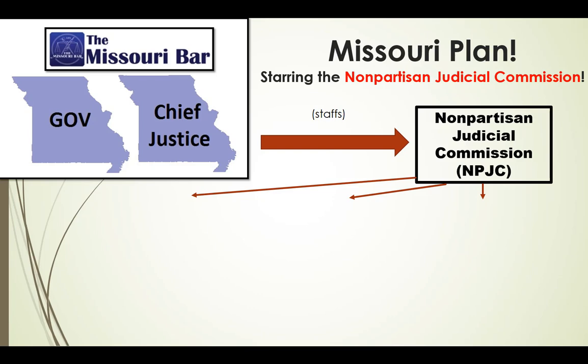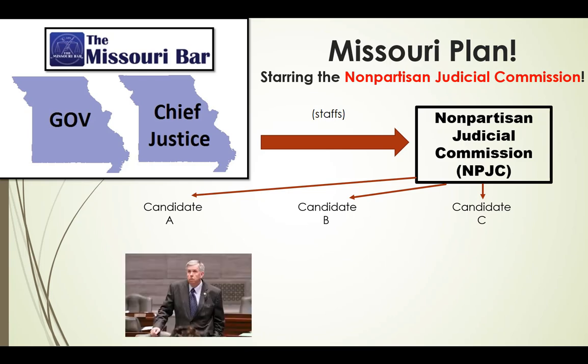Now, the NPJC is really fancy, but it really only has one job. Anytime there's a vacancy in the Missouri court system, some judge has retired or even died, it is up to the NPJC to select 3 candidates to fill that vacancy. So it'll choose 3 people that it thinks will be really, really good for being a judge in Missouri.